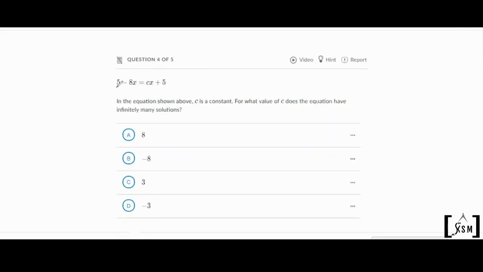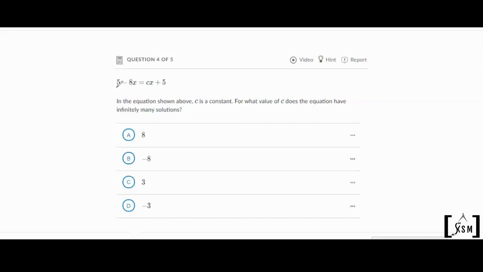Let's have a look at question number 4. A question is given to us and it is asking, in the equation shown above, c is constant. For what value of c does the equation have infinitely many solutions? Okay guys, to have infinitely many solutions, let's solve them.